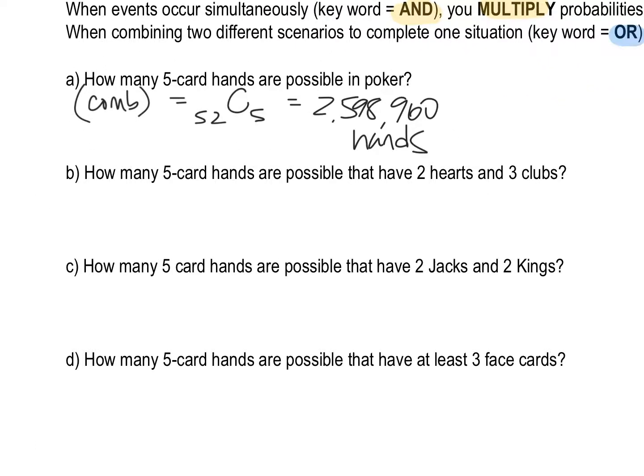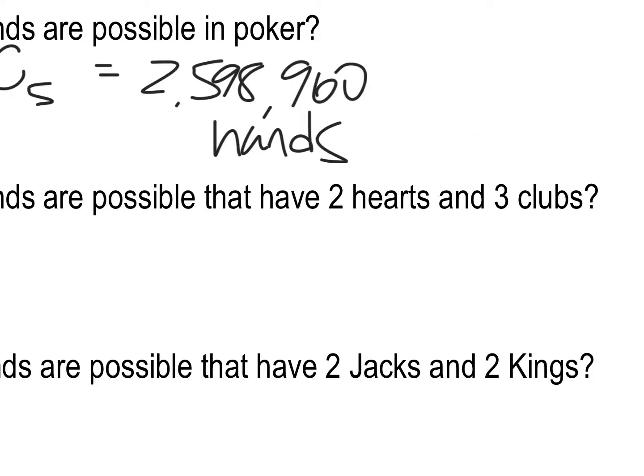How many 5 card hands are possible that have 2 hearts and 3 clubs? Okay, so this is going to get a little bit more tricky, but we have to have 2 hearts, and so there are 13 hearts total. I want to choose 2 of them. It doesn't matter which 2 or which order I pick, but there are 13 hearts up in that picture at the top. I want to choose 2 of those, and "and" means multiply.